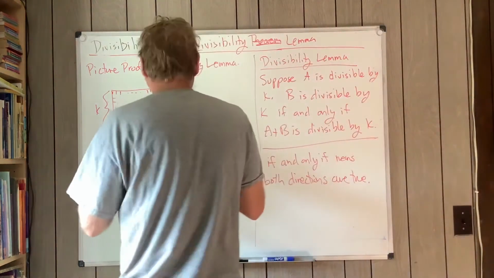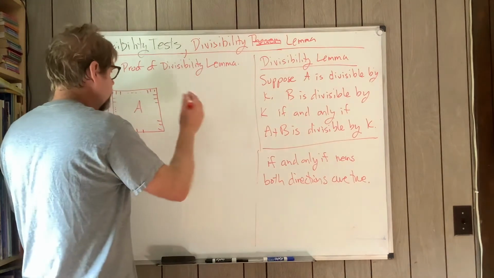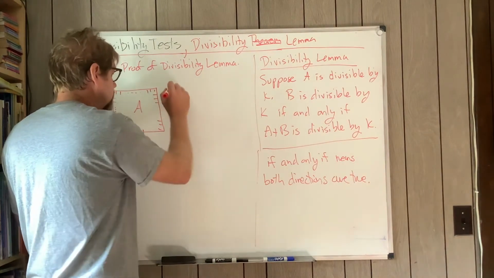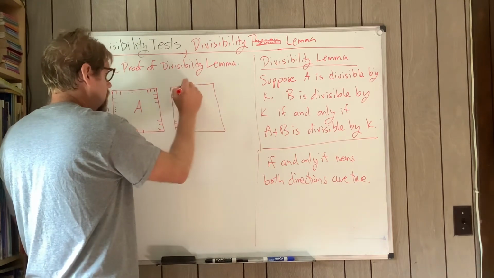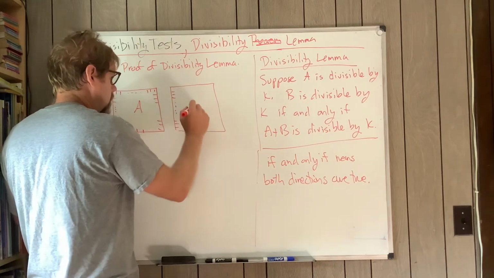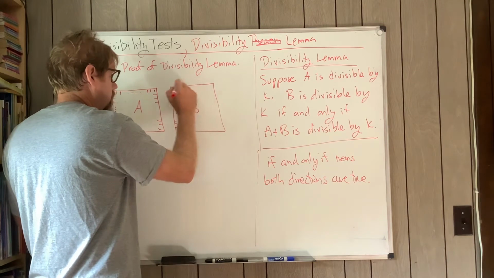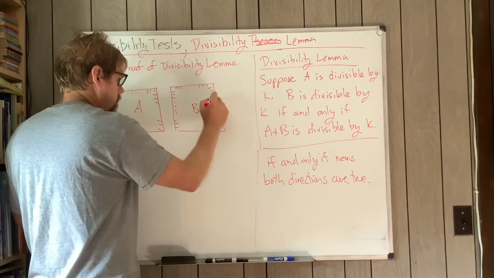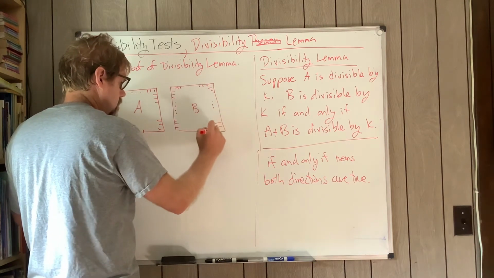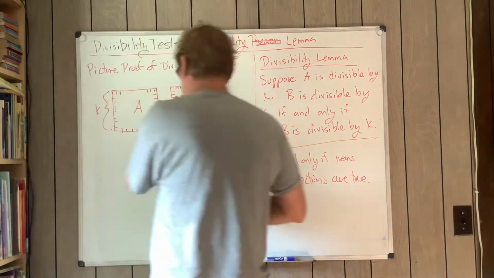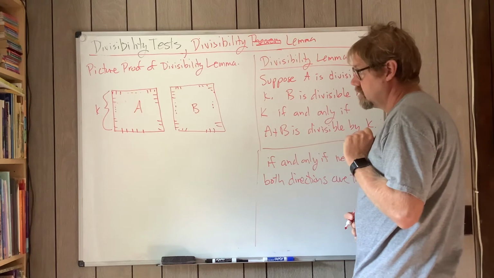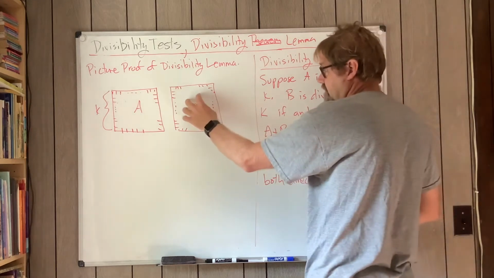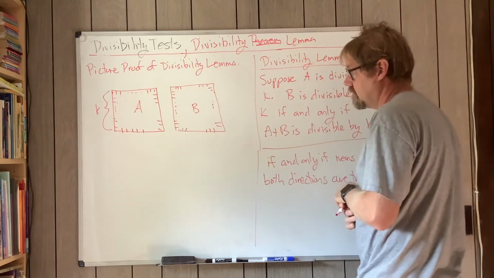So here's the idea with this. If B is divisible by 6, that means I can take B, which I'm going to look at like a same picture. Just imagine that these guys can be broken up into the same K number of rows here.